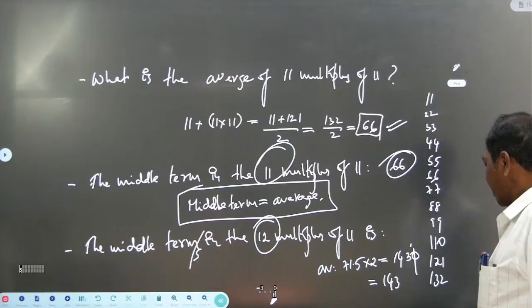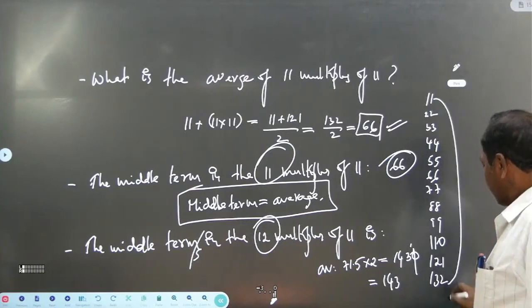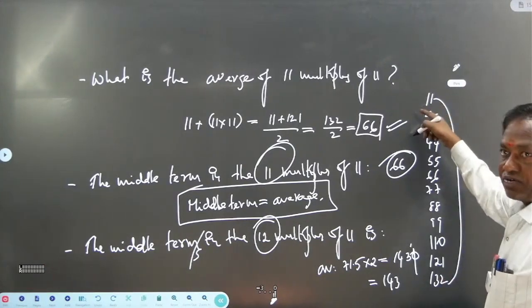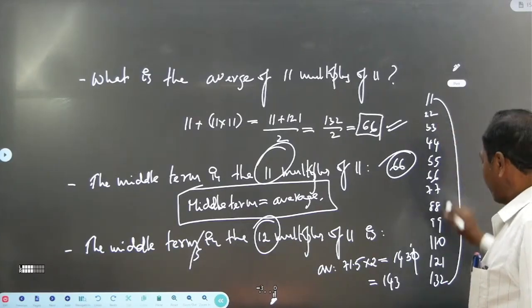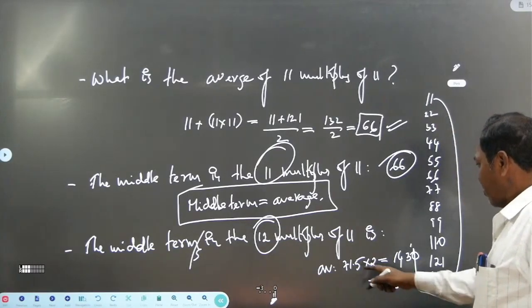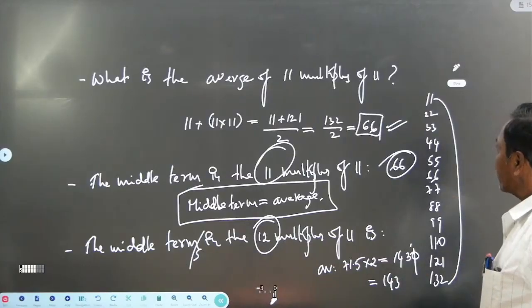What is the average now? 71.5. 132 plus 11 total is 143, that's how we get it. But here you can see how the middle terms come.